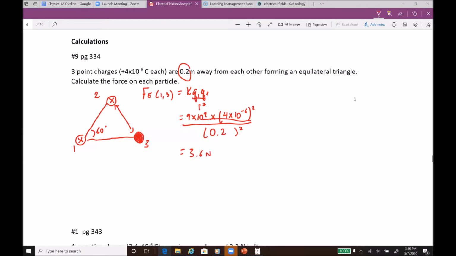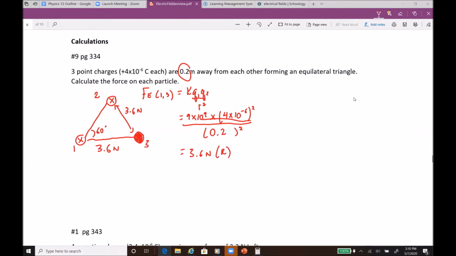3.6 newtons. Now, because all the charges are the same and all the distances are the same, the force from the other charge would also be 3.6 newtons. So this is 3.6, and this would be 3.6. If we take it from the point of view of charge 3, it's going to experience a force from object 1 of 3.6 newtons to the right.